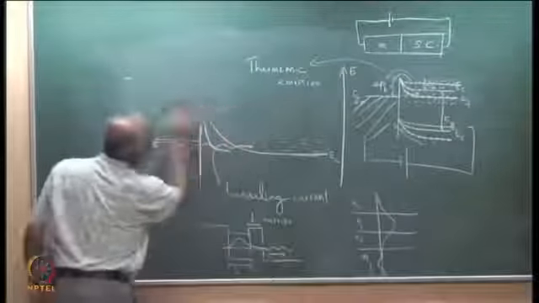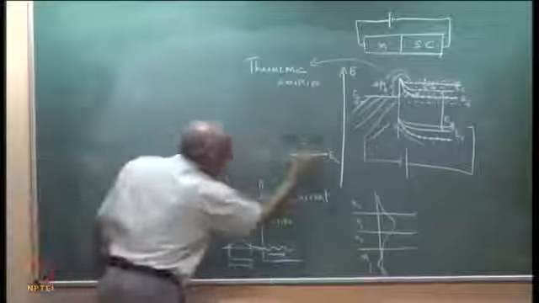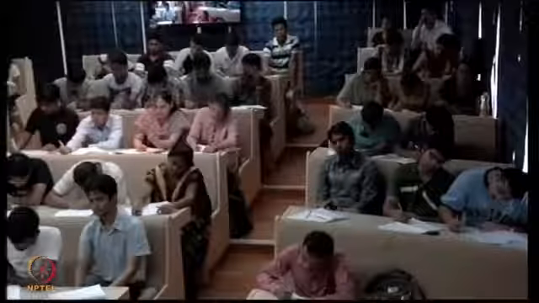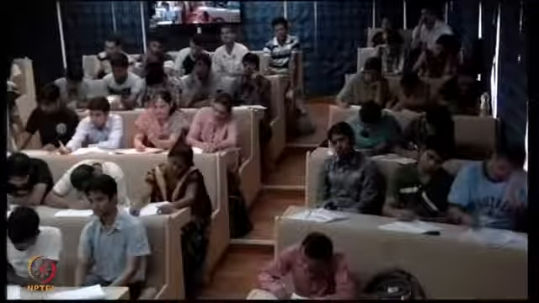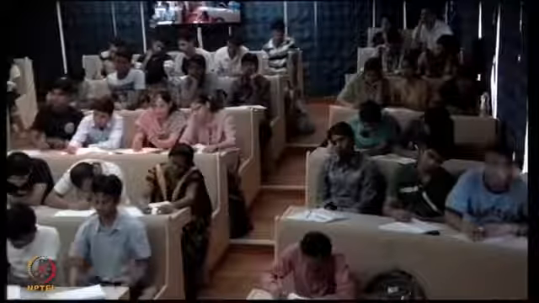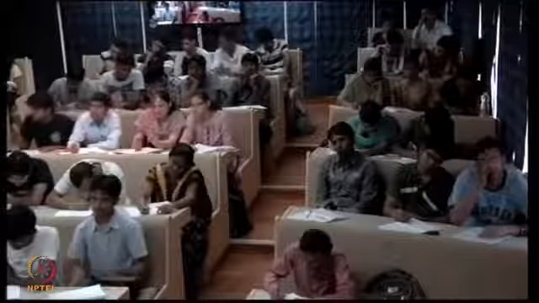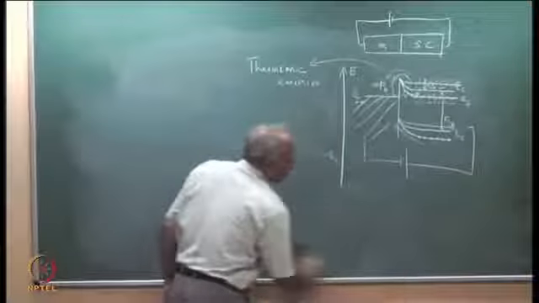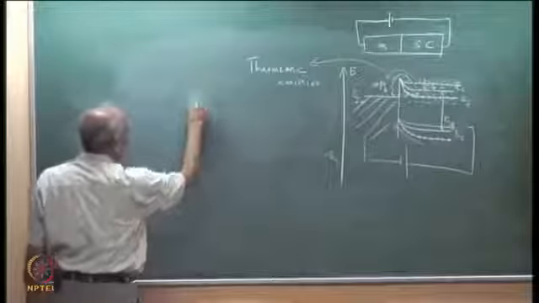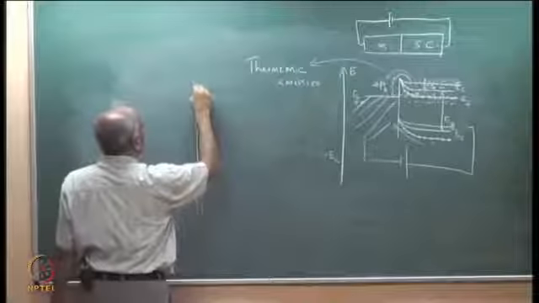How? So let me draw the energy band diagram corresponding to the metal and a highly doped semiconductor right here. And then we see that the forward current is through. So we have the metal, this is the barrier.